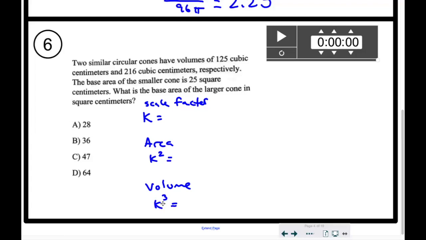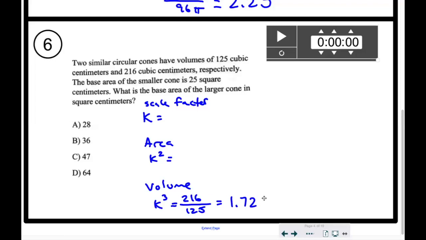That we can figure out because if the volume goes from 125 to 216, if I divide them, I can figure out what we were multiplying by. So I can do 216 divided by 125, which is 1.728.